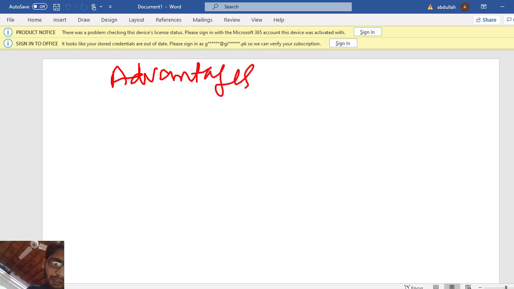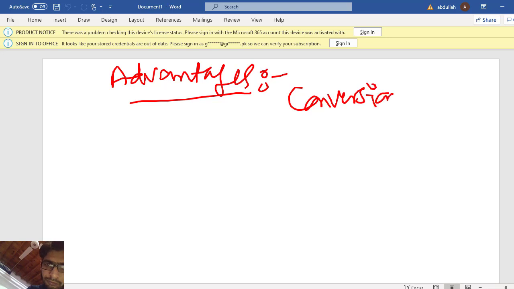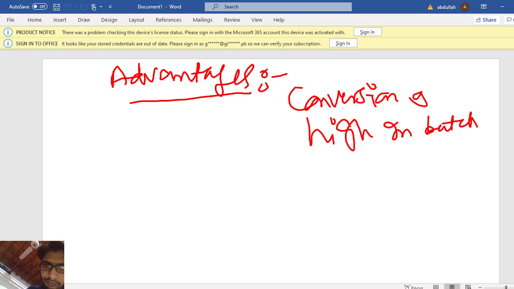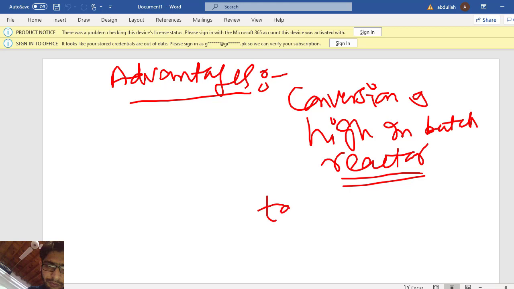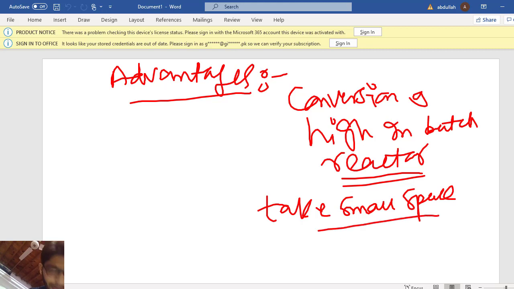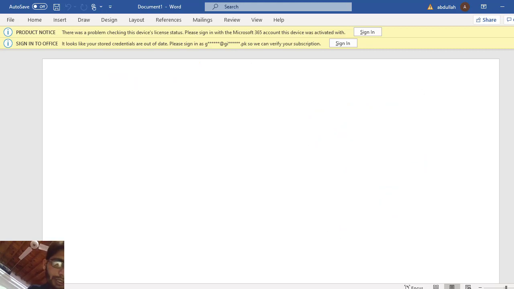Higher conversion takes place in a batch reactor, and it also takes small space. But there is some disadvantage in a batch reactor.